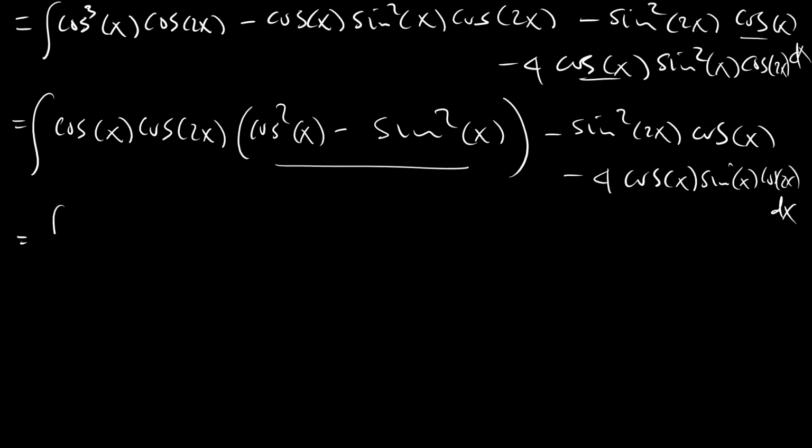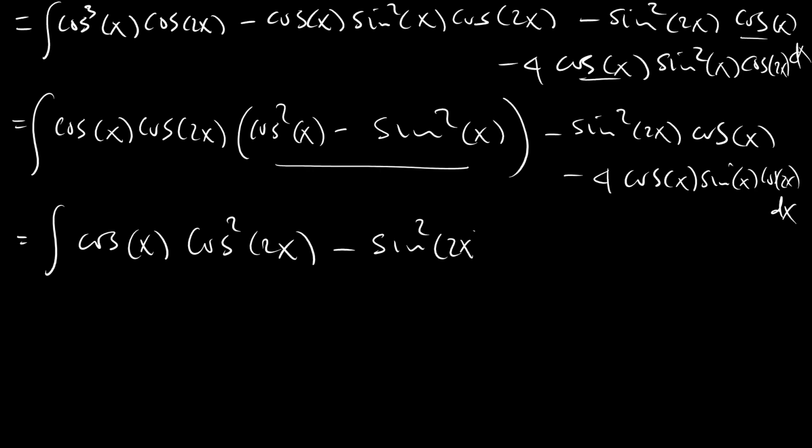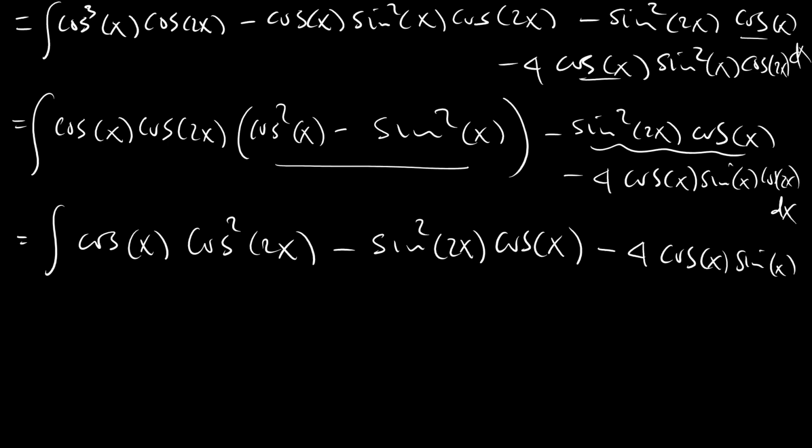So we have cosine of x, and here we have cosine squared 2x minus sine squared 2x cosine of x, which is this one here, minus 4 cosine of x sine of x cosine of 2x.